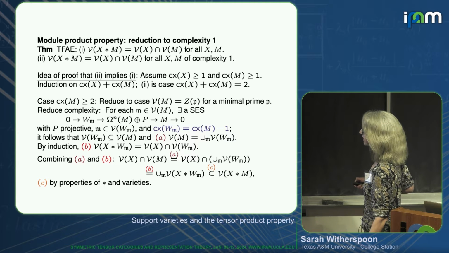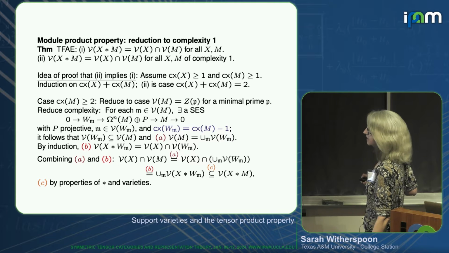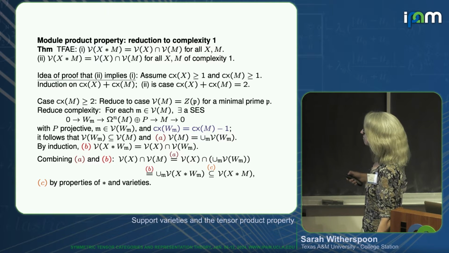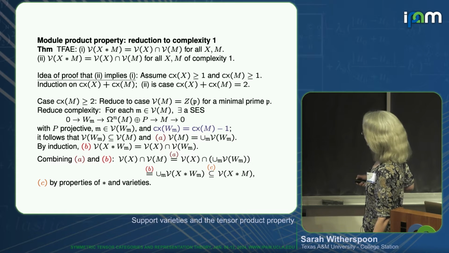So I want to take M where the variety is just the zero set of the maximal ideals containing a minimal prime P. That's one reduction that I can make. Next, there are some L zetas coming in behind the scenes to show this.